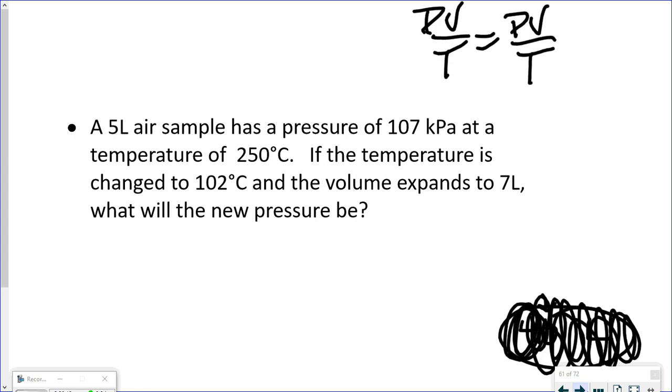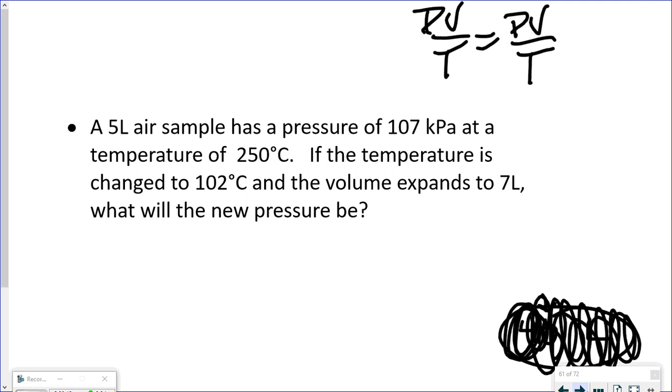We have a 5-liter air sample that has a pressure of 107 kPa at a temperature of 250 degrees Celsius. If the temperature is changed to 102 degrees Celsius and the volume expands to 7 liters, what will the new pressure be? So figure out what variables you're given and make sure to put them on the appropriate side.